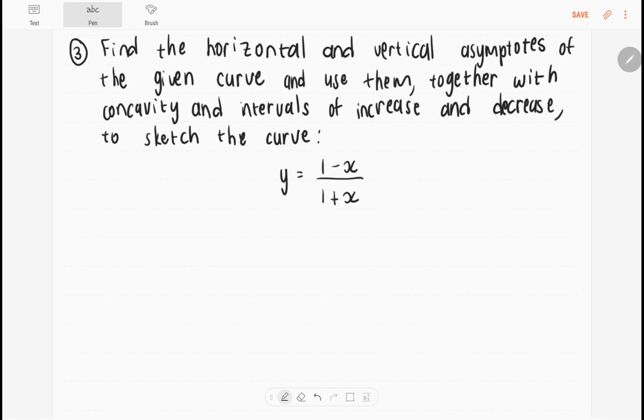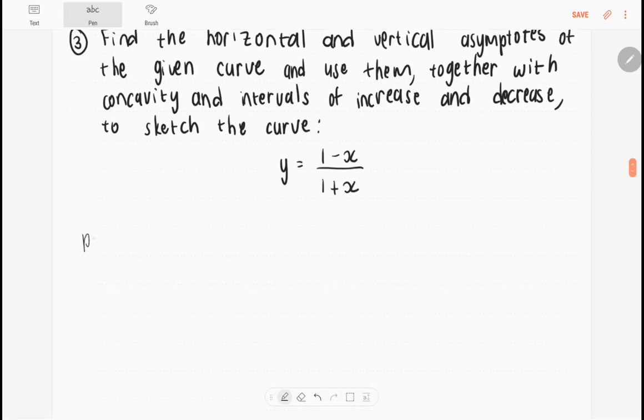So let's just start off by writing that down. So the domain is from negative infinity to minus 1, not included. And it's also from minus 1 up to infinity. All right. So that's the first one.